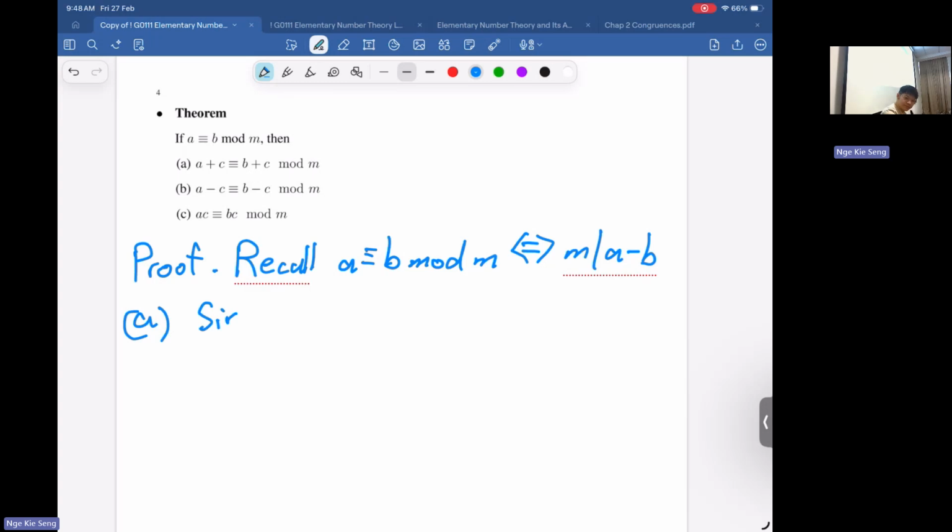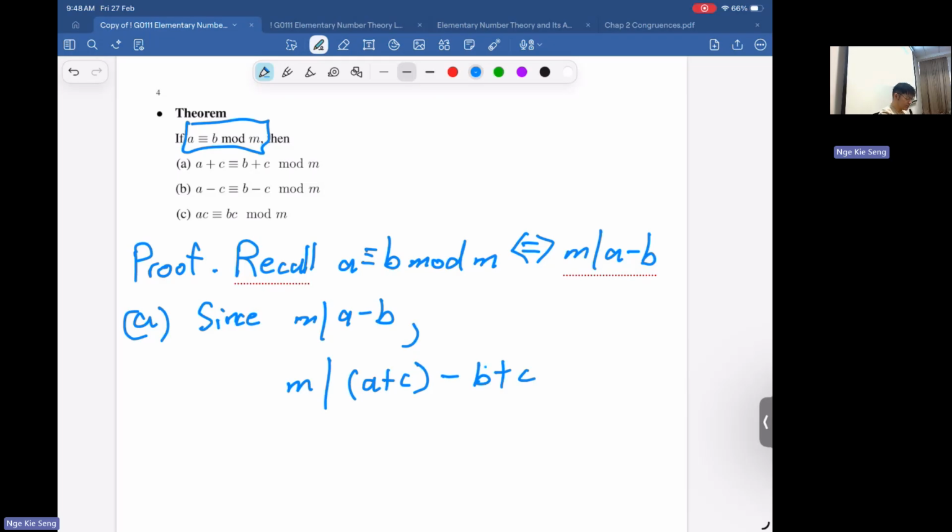Since M divides A minus B, this is given by the assumption, what you can see is M will automatically divide A plus C minus B plus C, because plus C minus C, you get back to 0. Very cool.